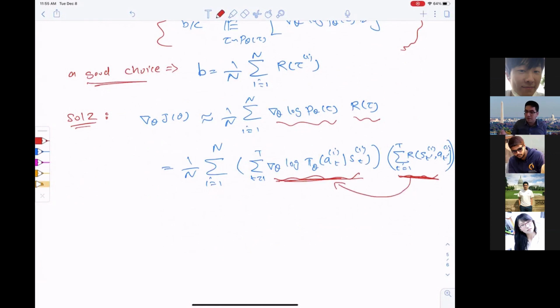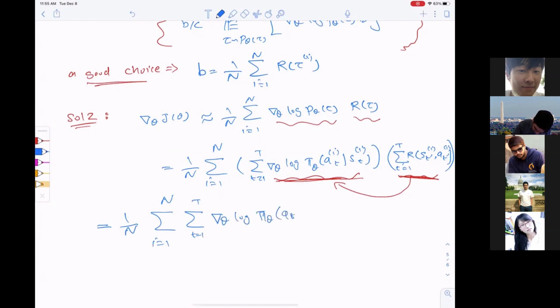Or alternatively, I can just multiply this number to each of these vectors and then sum them up. So I'm going to have the sum from t equals 1 to T, and for each of these vectors I have the gradient terms. I'm going to multiply it with that particular number.